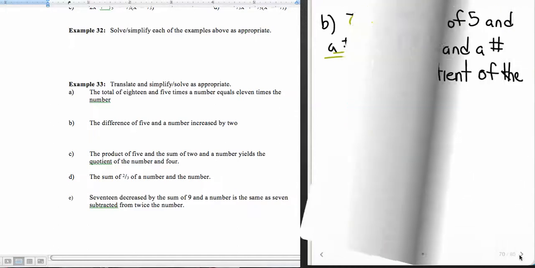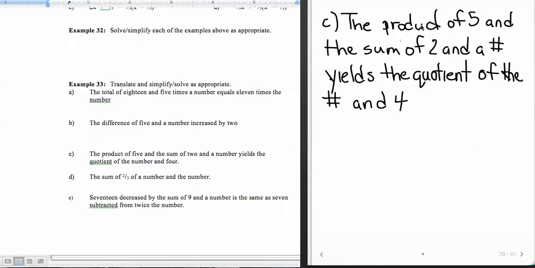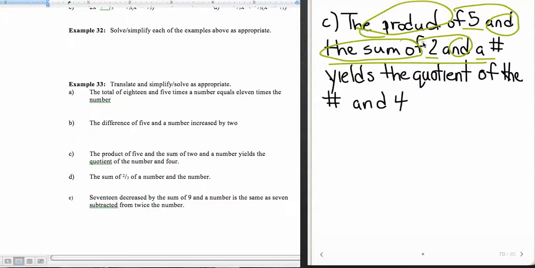Moving on to part 3. We have the product of something and something, so it's 5 and then we see the sum of, so this is complicated. It's the sum of this and this, so two parentheses. So we have 5 and then parentheses, sum means adding, and it's 2 and the number, and again we let x equal the number.